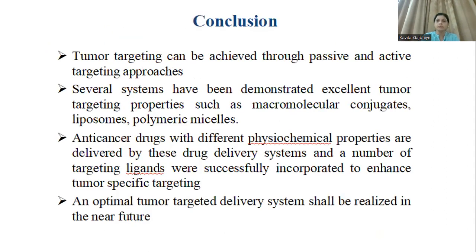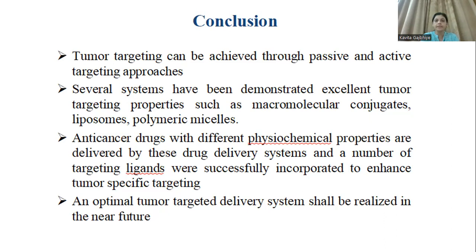So what is the conclusion of this tumor targeted drug delivery system? We can say this can be achieved through passive and active targeting of the drug. Several systems have demonstrated excellent tumor targeting properties, such as macromolecular conjugates, liposomes, and polymeric micelles.